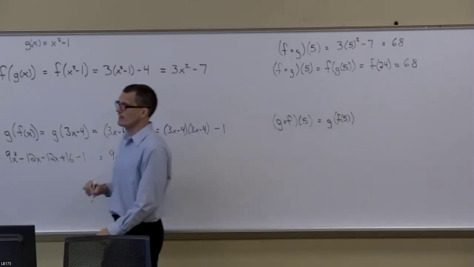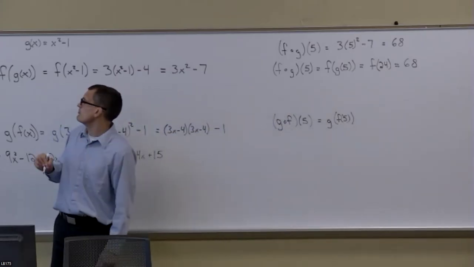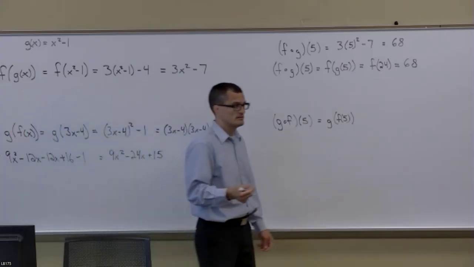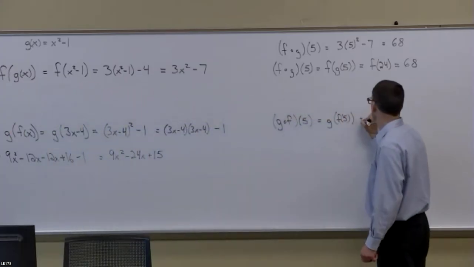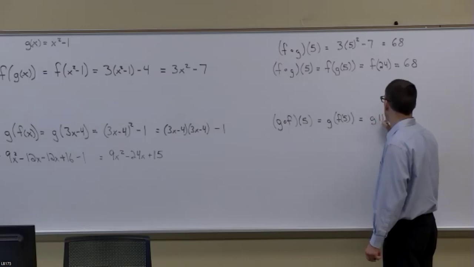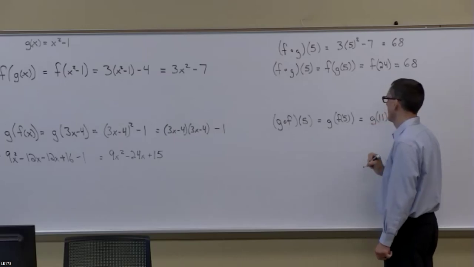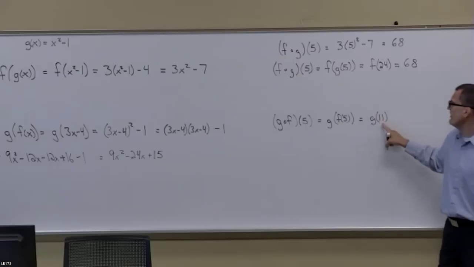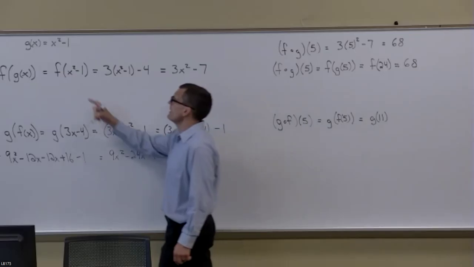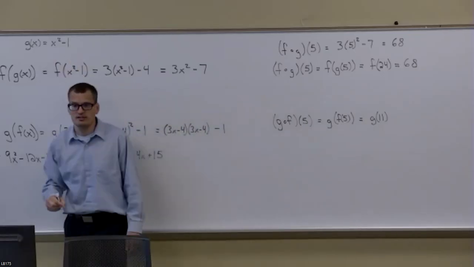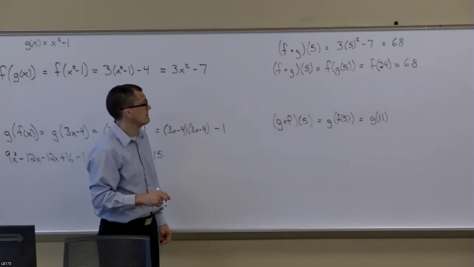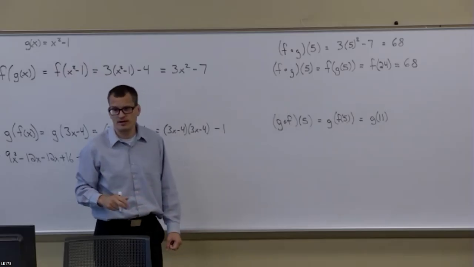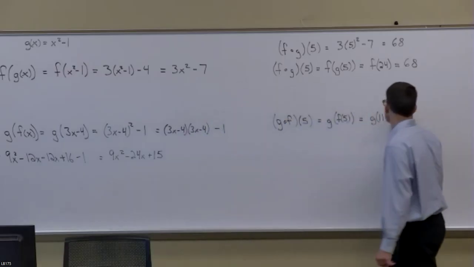And say if I plug in 5 into f, that's 3 times 5 minus 4, that gives me 11. And then plug in 11 into the G. 11 squared minus 1. 11 squared is 121 minus 1 is 120. Is that right? 120.